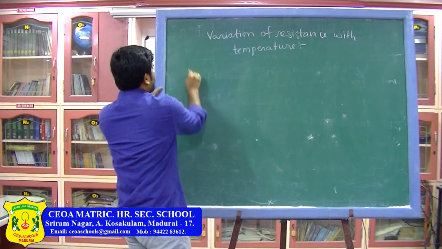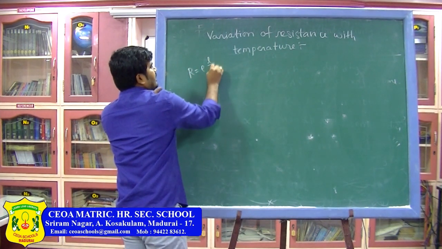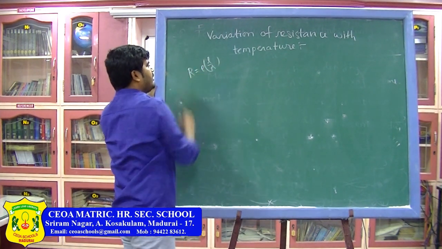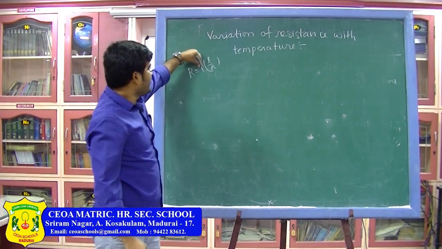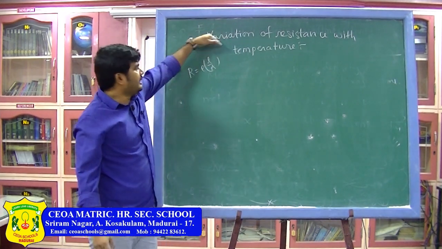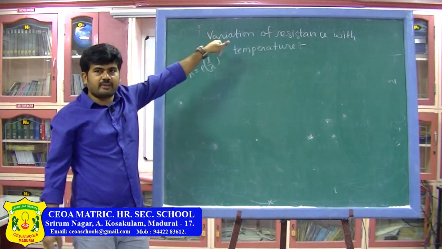That means R is equal to rho L by A. We already studied this equation. So R depends directly on resistivity. As resistivity changes depending on temperature, resistance also depends on temperature.